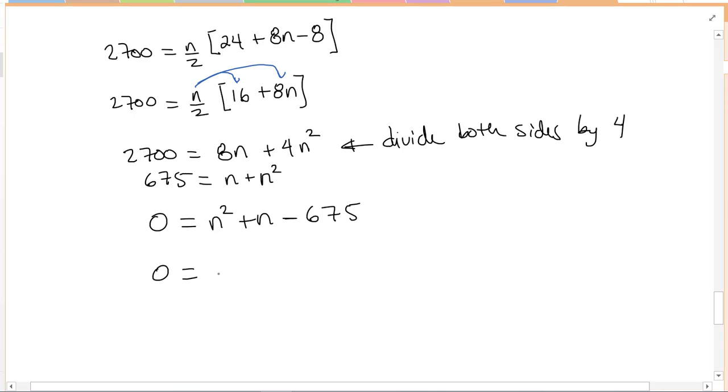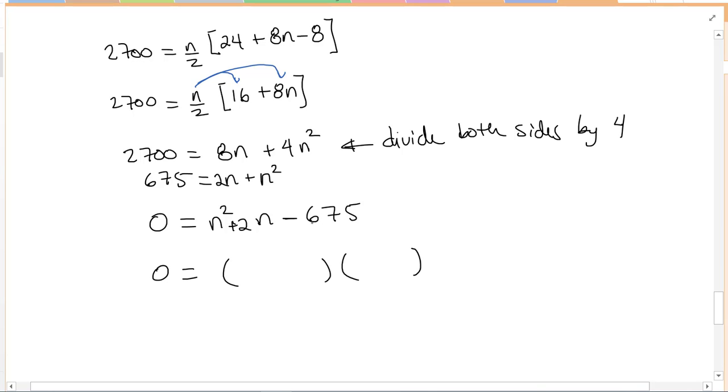I'm looking for two numbers that multiply to negative 675 and add up to 2. 675 is divisible by 5, but it's also divisible by 25.